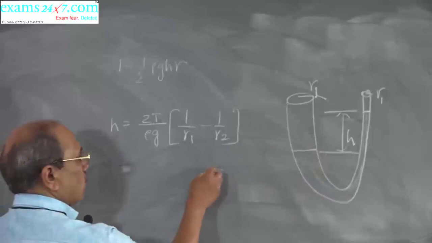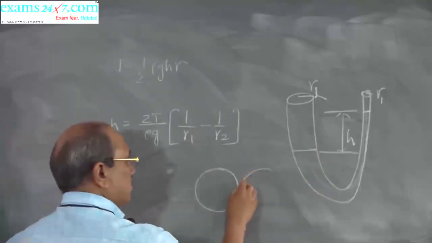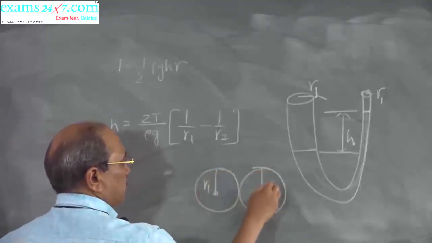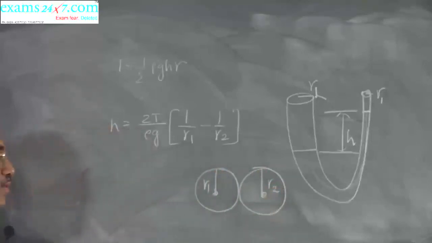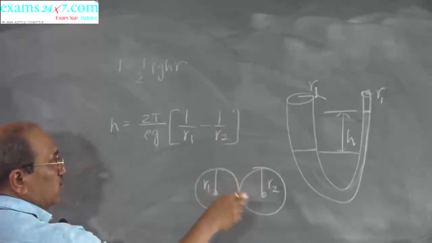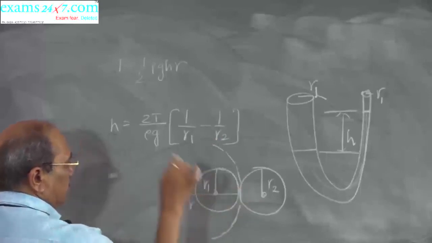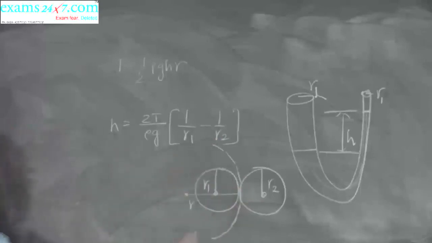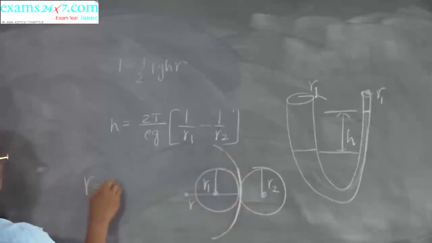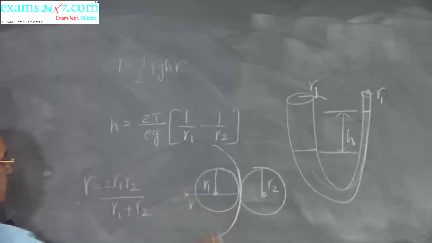And when one drop is pressing against another drop, one of radius r1 and the other of radius r2, as in soap bubbles, a bigger curvature will be formed of radius r. This radius r of the interface curvature can be shown to be equal to r1 r2 by (r1 plus r2).